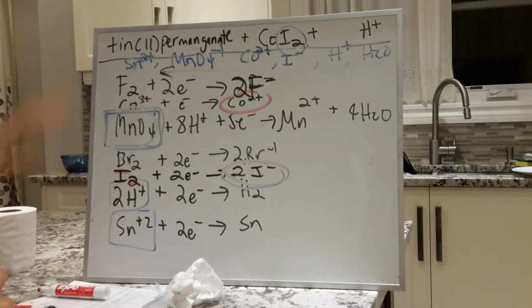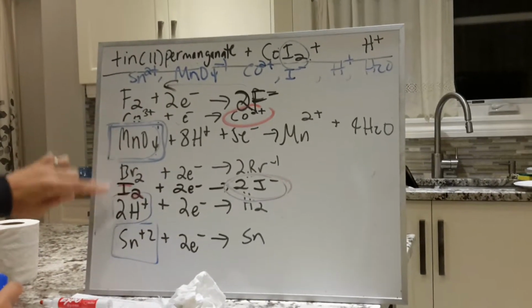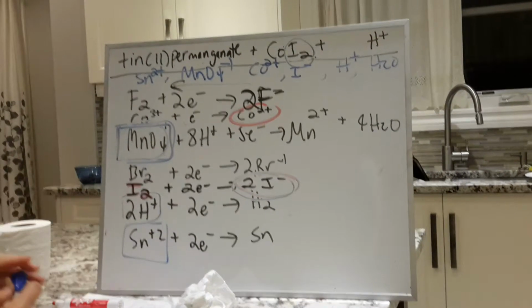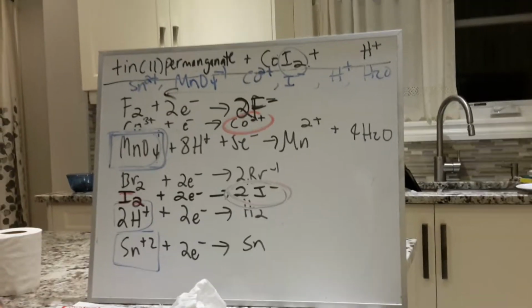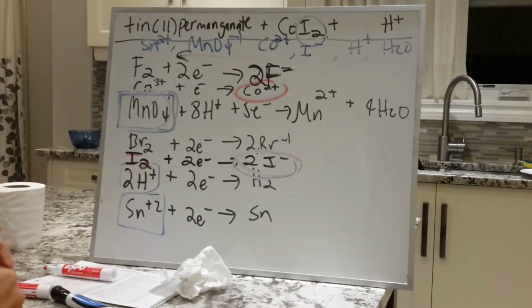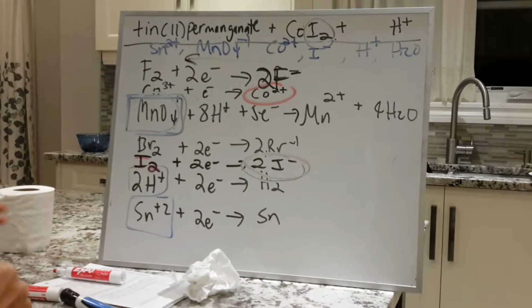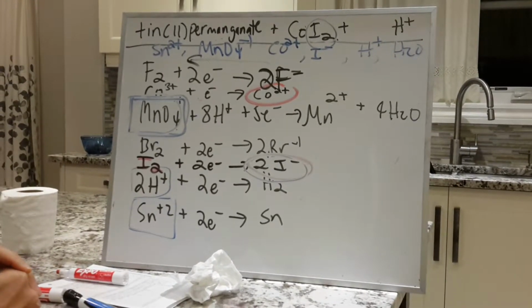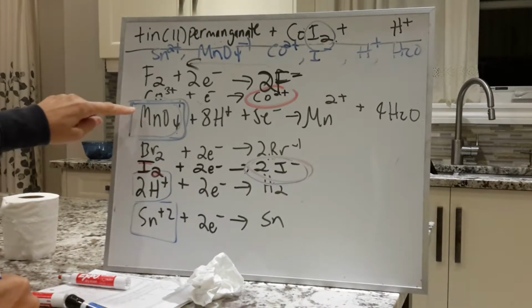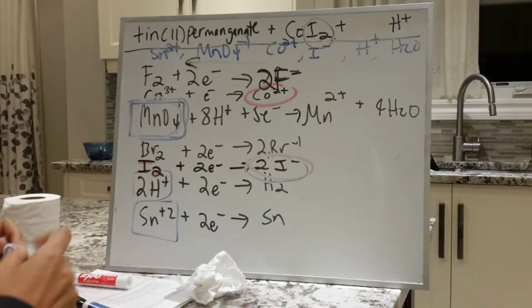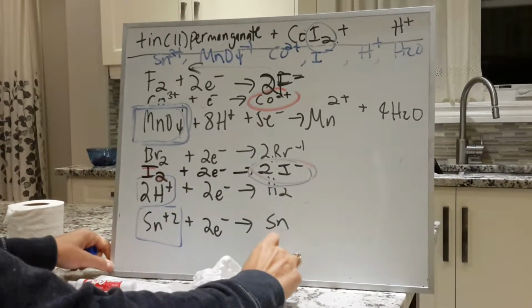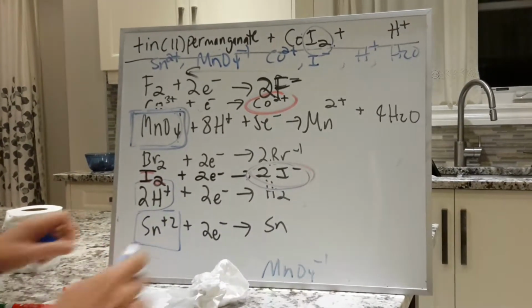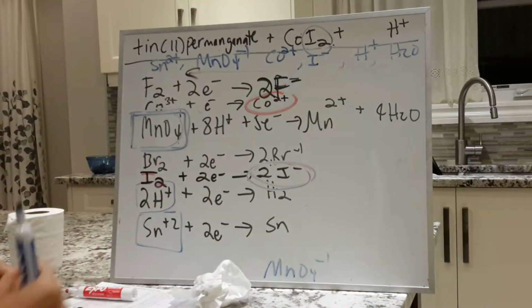Okay, so I'm going to focus on everybody who's on this side, which is MnO4, hydrogen ion, and tin 2. So they're all oxidizing agents because they're to the left of the arrow. The strongest oxidizing agent is the one that's going to react first. It's the one at the top of the list. It's MnO4-. So the reaction will occur between MnO4- and the strongest reducing agent.